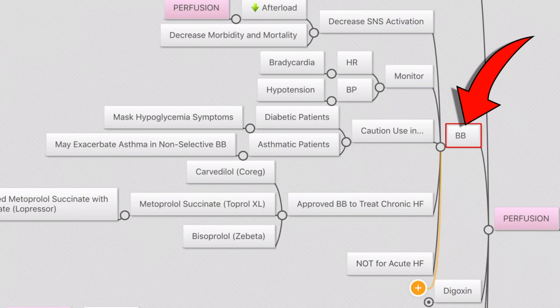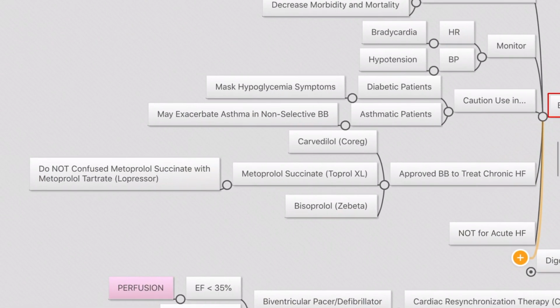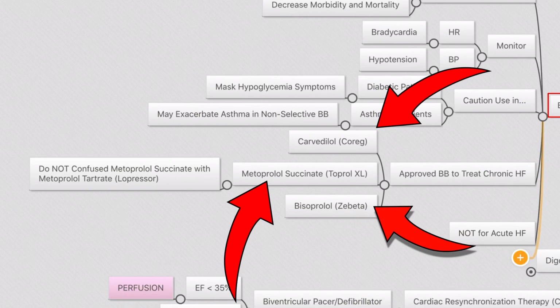Now, a couple of cautions when using beta blockers: diabetic patients, because beta blockers can mask hypoglycemic symptoms, or if you use non-selective beta blockers, you want to be careful in asthmatic patients because it may exacerbate asthma.